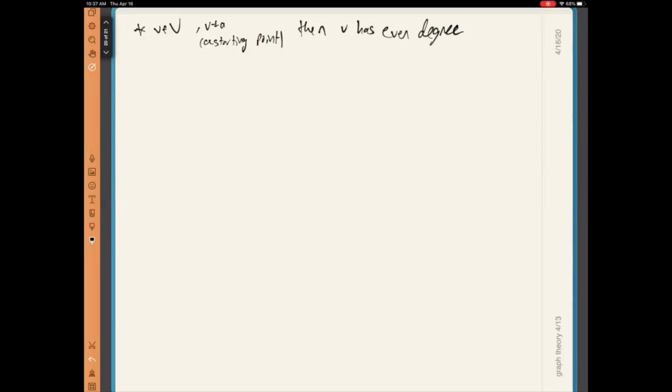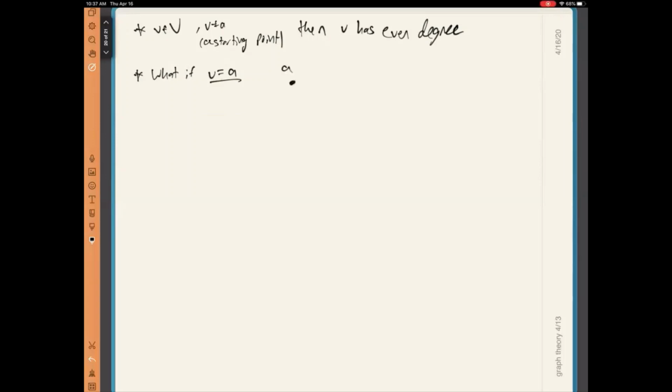Okay, and so we've shown that every single vertex in the graph has to have even degree, except possibly the starting point. So let's suppose now that the vertex v is equal to a, or v is the starting point. I'm going to claim that it also has to have even degree.